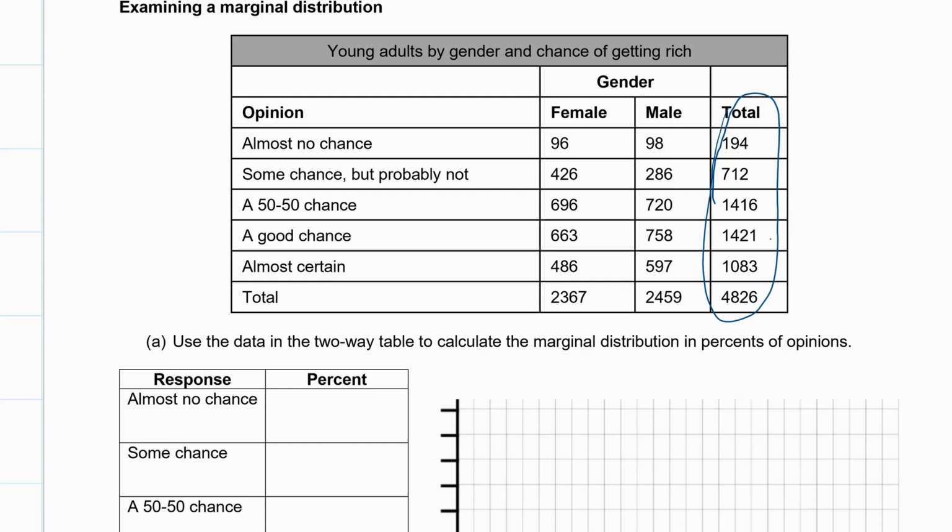So based on this two-way data and based only on this one column, we can say that 194 out of the 4,826 respondents felt that they had almost no chance of getting rich. Let's keep on going down that line. 412 out of 4,826.